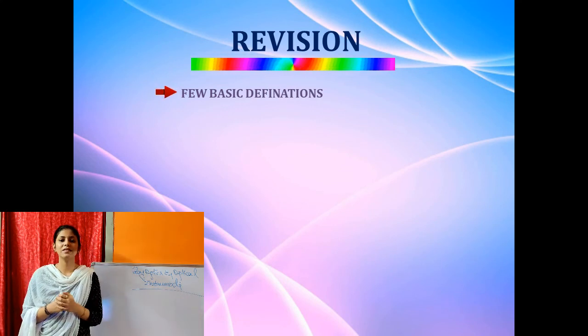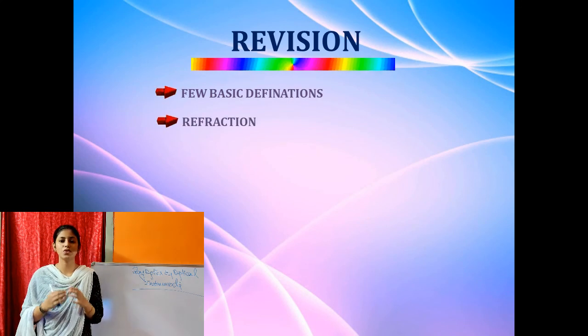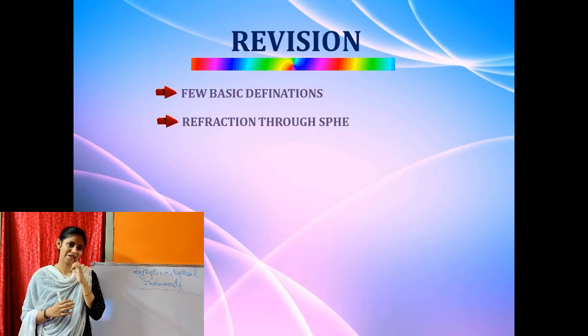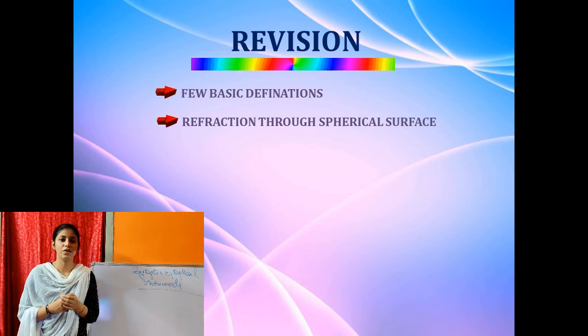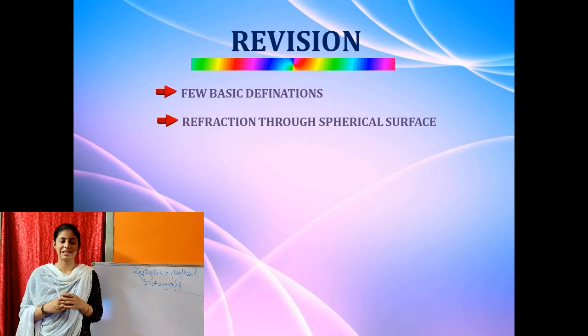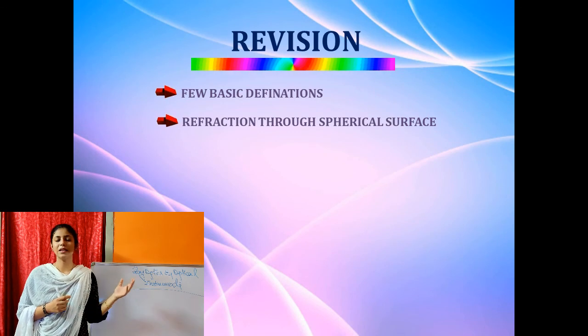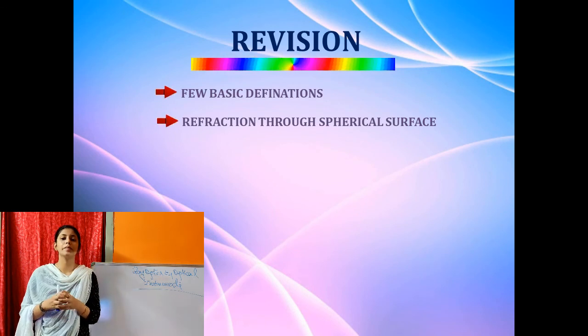Then we discussed a 5 marks derivation regarding refraction through a spherical surface. This question will be asked, as I said earlier, for 5 marks, very important. And the case which we have discussed here is when the object is placed in the rarer medium and the image is formed in the denser medium.